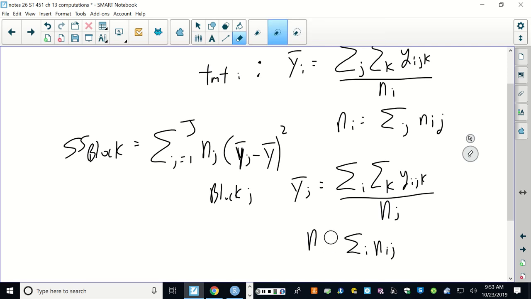So if there was just one replicate, I mean, if there's only one unit in each block for each treatment, then this would be capital I, the number of treatments. There are some designs called incomplete block designs where you don't necessarily put every treatment in every block.